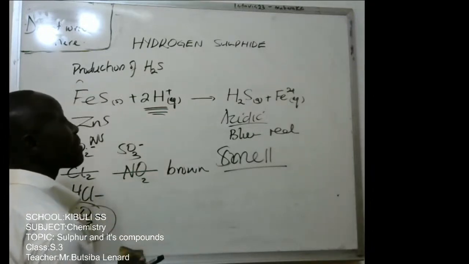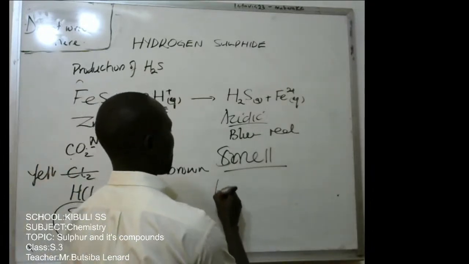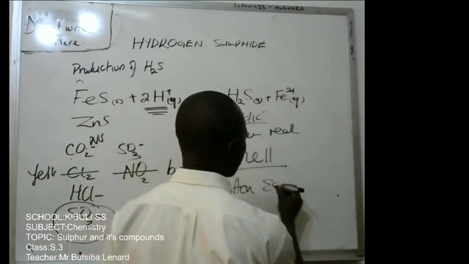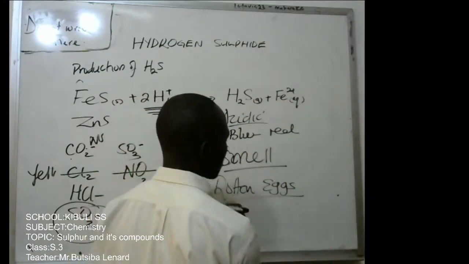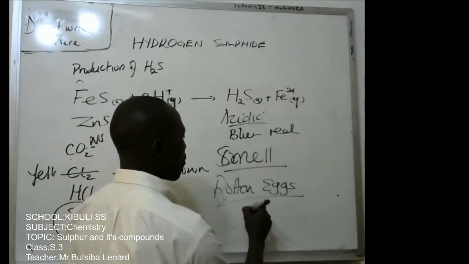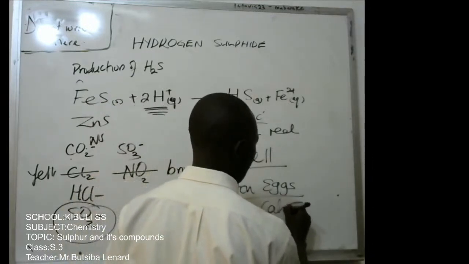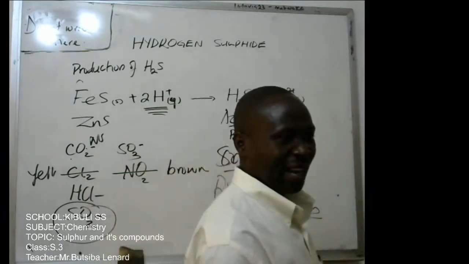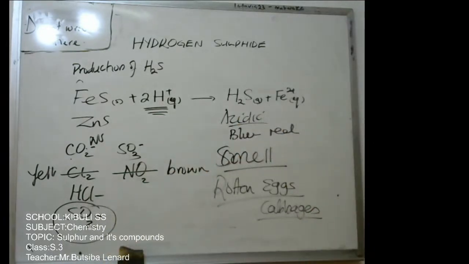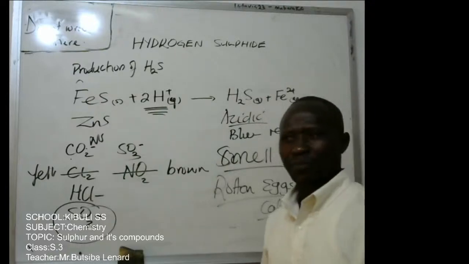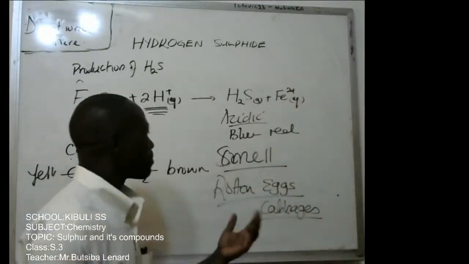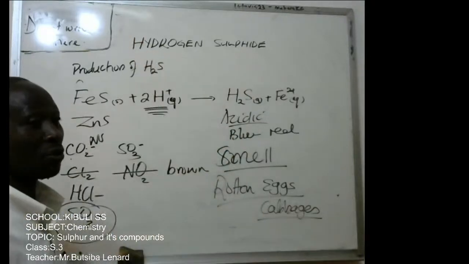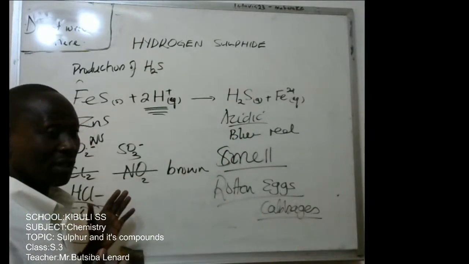So what is the smell of hydrogen sulfide? It has a smell of rotten eggs. Or rather, a smell of rotten cabbages. This explains why in the swamps you pass and get a repulsive smell, because there is a lot of hydrogen sulfide being deposited from proteinous substances.